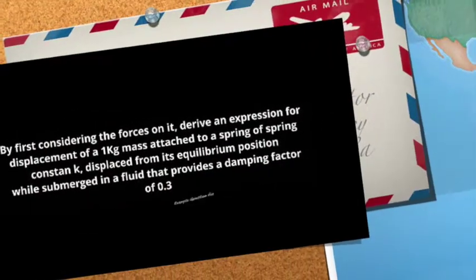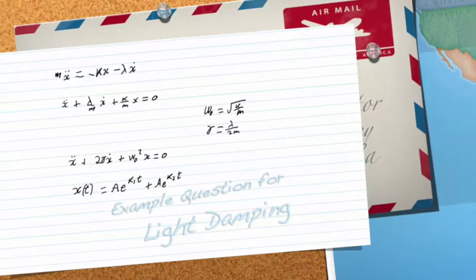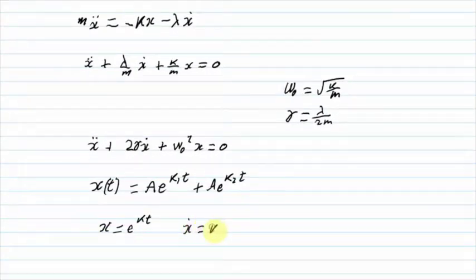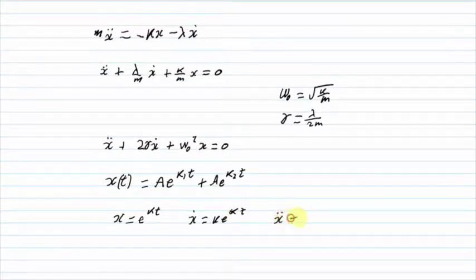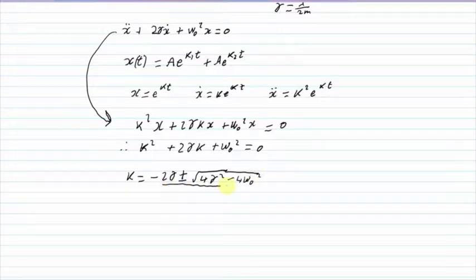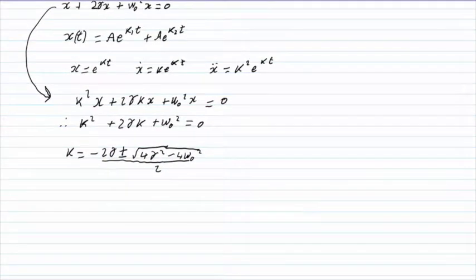So we're going to answer this example question. If x equals e to the kt, x dot equals k e to the kt, x double dot equals k squared e to the kt, which gives us a quadratic formula where k equals minus 2 gamma plus or minus root 4 gamma squared minus 4 omega naught squared, all over 2.